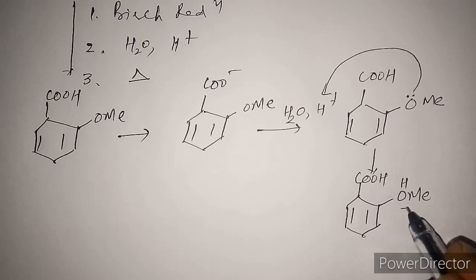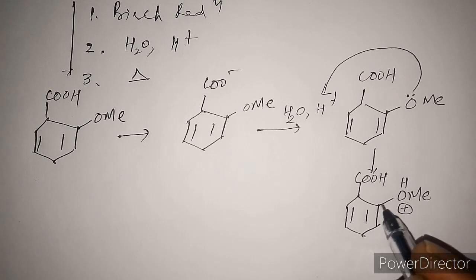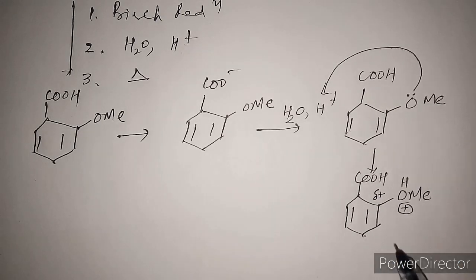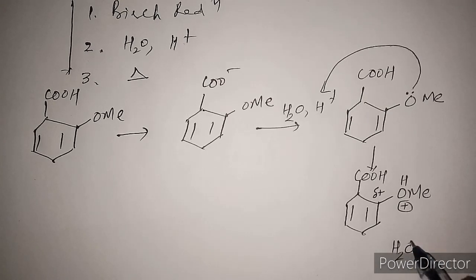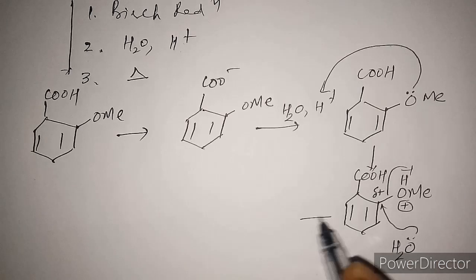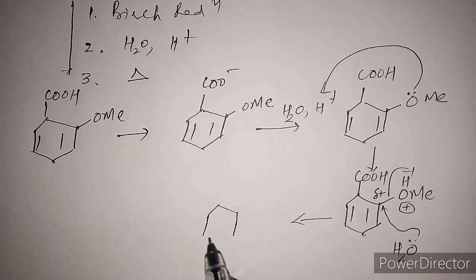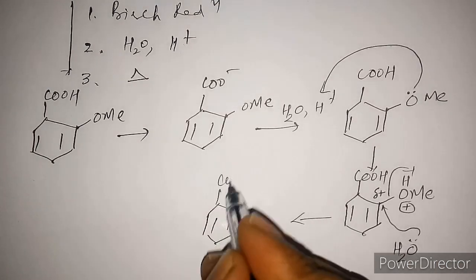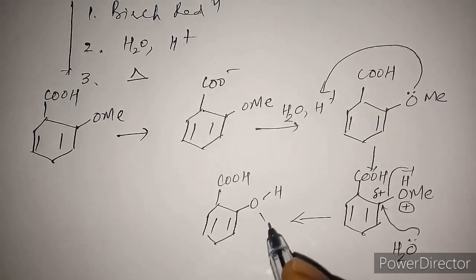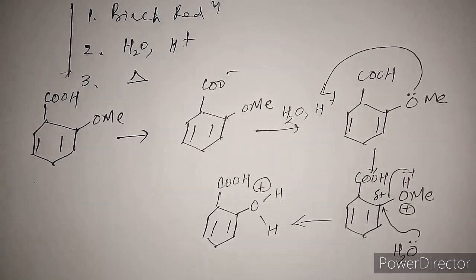So we will get OMe H plus. The electron is removed from this carbon, so this carbon becomes electron deficient. The water molecule will act as a nucleophile, so it will attack here and eliminate a methanol molecule. So we have OH H plus.